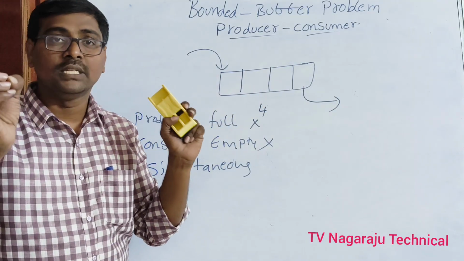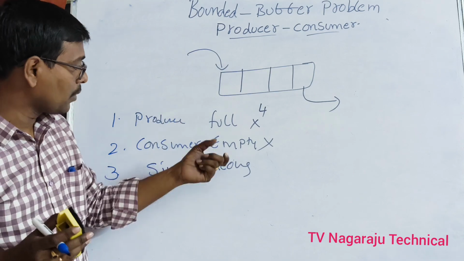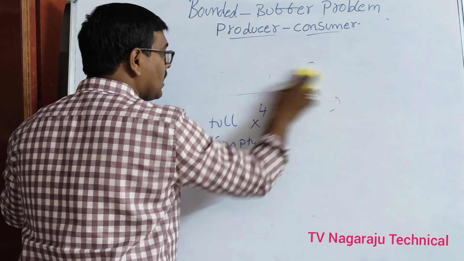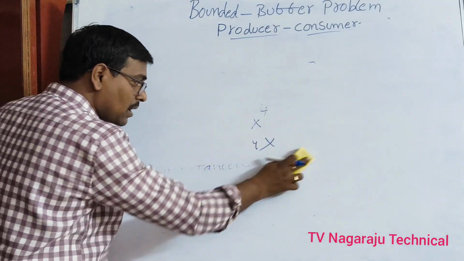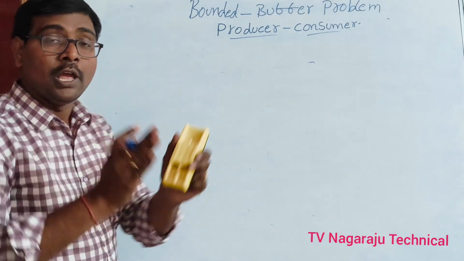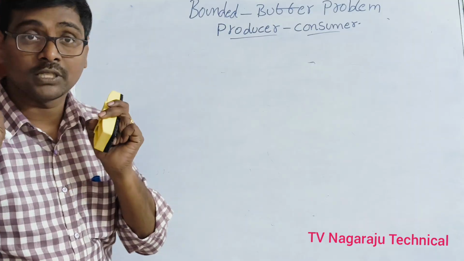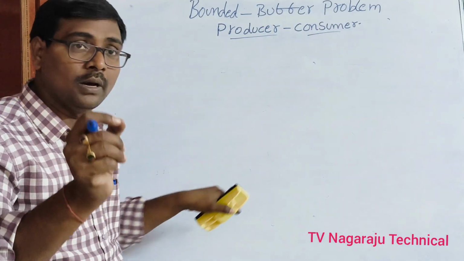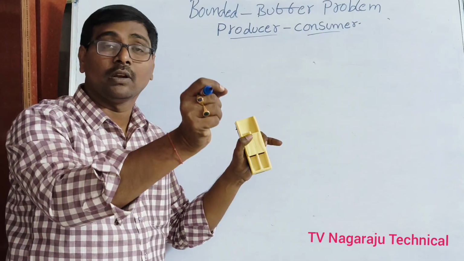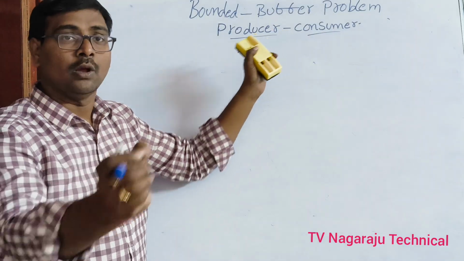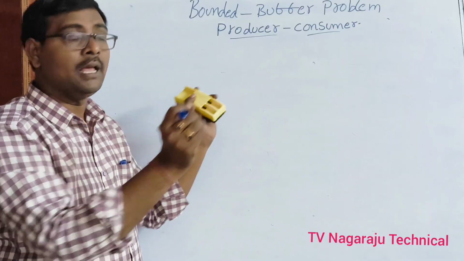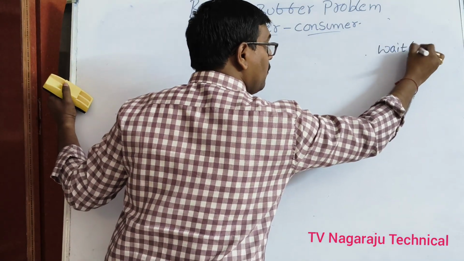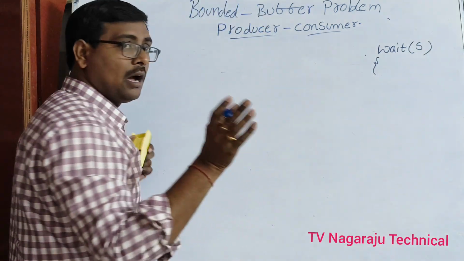For that, we are using semaphores. We are providing solutions by using semaphores. We already discussed the concept of semaphore. A semaphore is an integer variable which manages concurrent processes. Anyway, to understand the solution to producer-consumer, you must learn the semaphore topic. Then only it is easy. So go back to the semaphore concept and understand. Meanwhile, I will explain the basics. A semaphore has mainly two atomic operations.